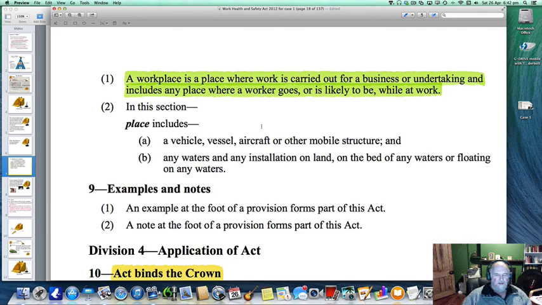In this section, it includes a vehicle, vessel, aircraft or other mobile structure. Yeah. Any waters and any installation on land, on the bed of any waters or floating on any waters. Those are for things like, what if he hurt himself in a car or in a boat? That was part of the duties.